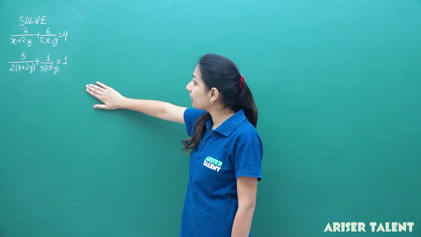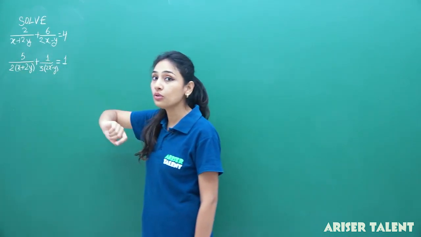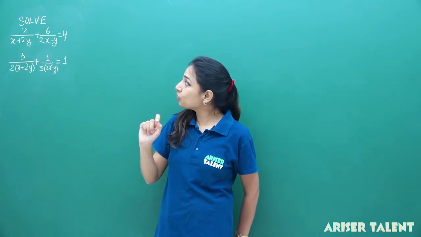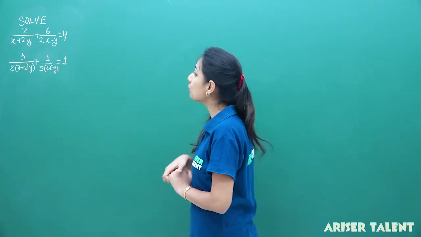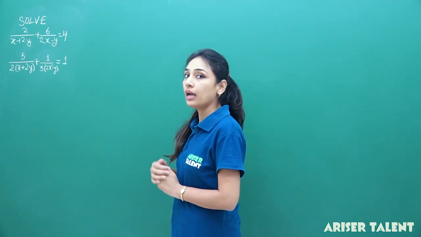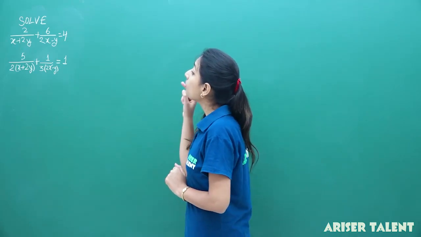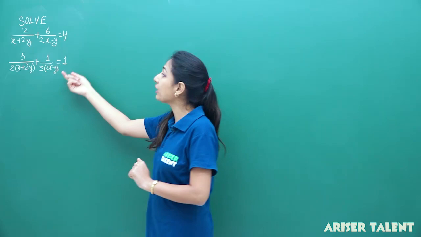Okay students, so this is the equation we are having: 2 by x plus 2y plus 6 by 2x minus y equals 1. And the second equation was 5 by 2x plus 2y plus 1 by 3 times 2x minus y equals 1.